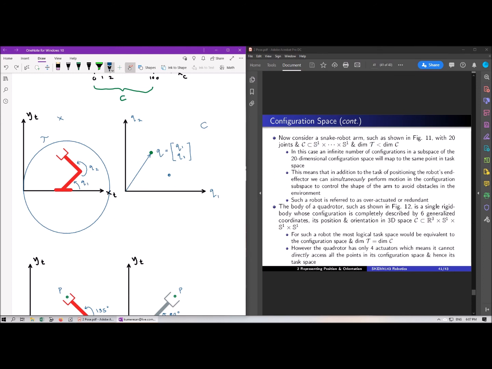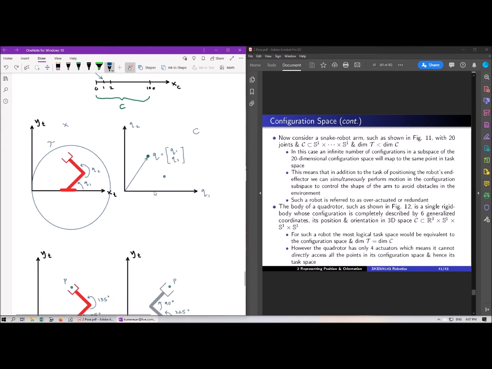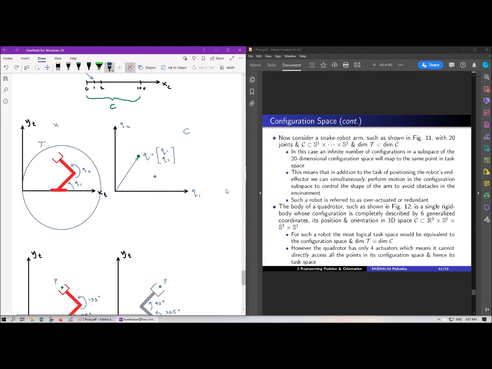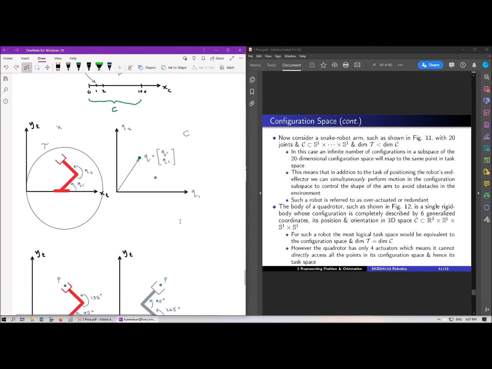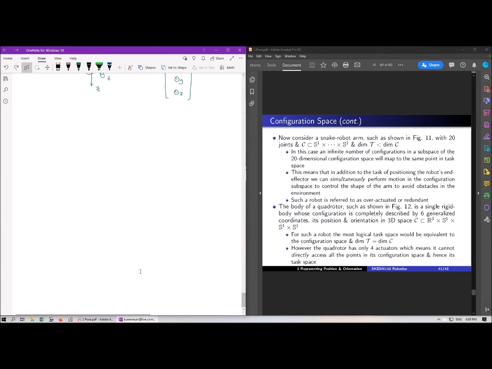This means that in addition to the task of positioning the robot's end effector, we can simultaneously perform motion in the configuration space to control the shape of the arm to avoid obstacles in the environment. Such a robot is referred to as over-actuated or redundant. So that means we have more joints than needed.